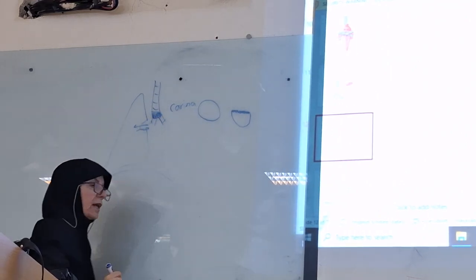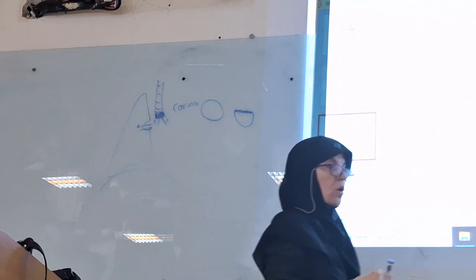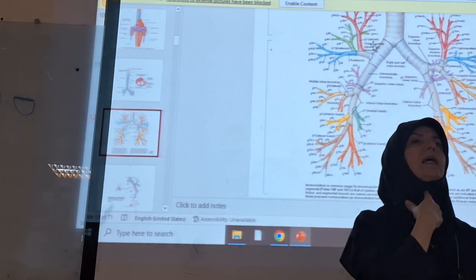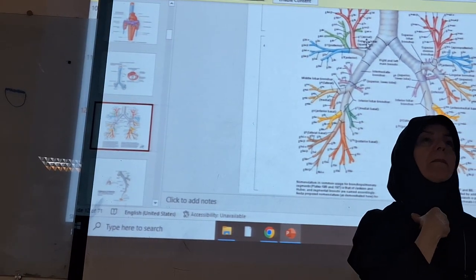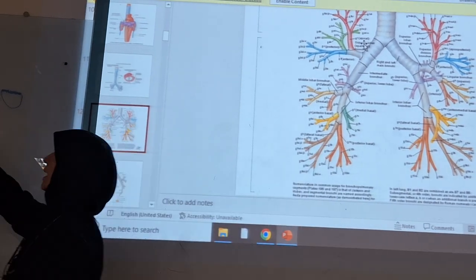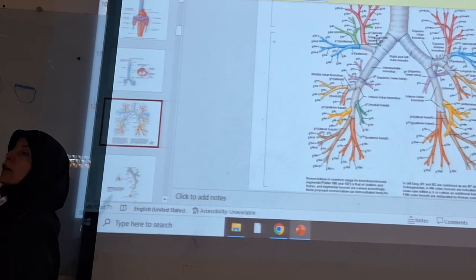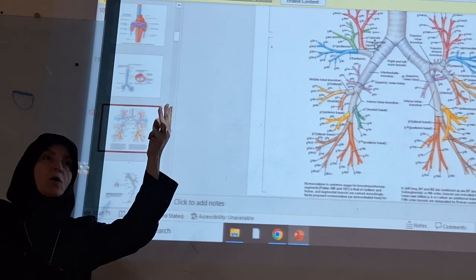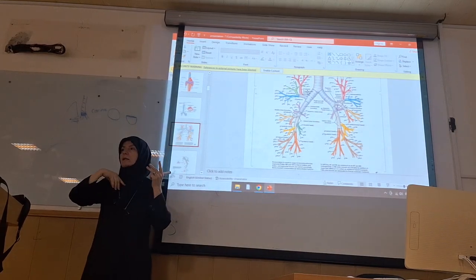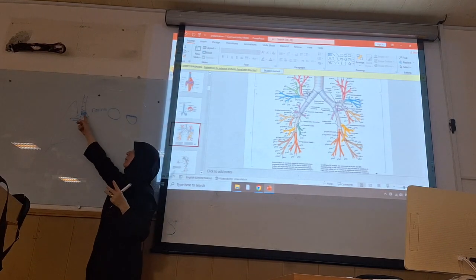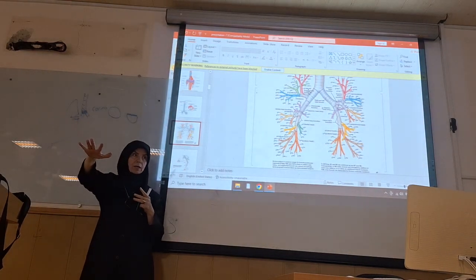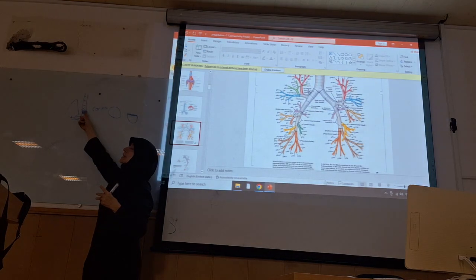You should know, if a small particle comes inside the respiratory system, into the trachea, before passing through the carina, coughing helps you to throw out this particle. After the particle passes the carina, the coughing stops. Okay? So this is important.